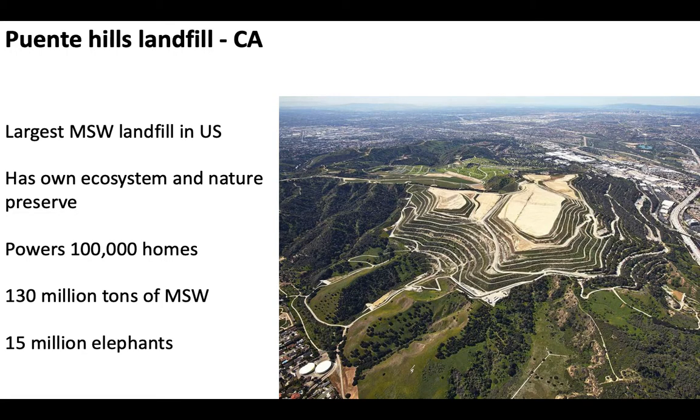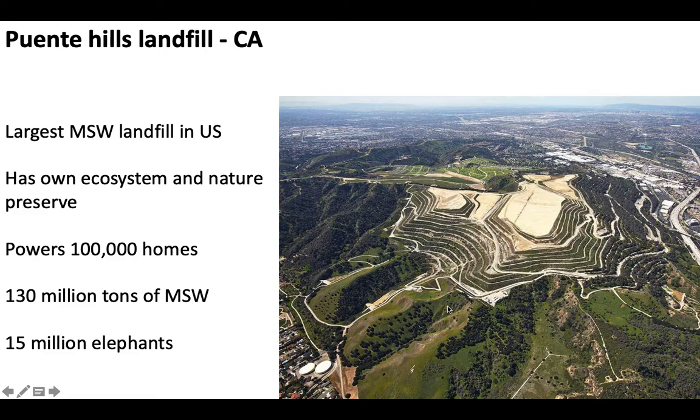One of the largest landfills in the United States, in fact it is the largest one, is Puente Hills landfill in California. It's so large, it has its own ecosystem and nature preserve built onto the facility. The anaerobic respiration that's happening inside this will generate methane.